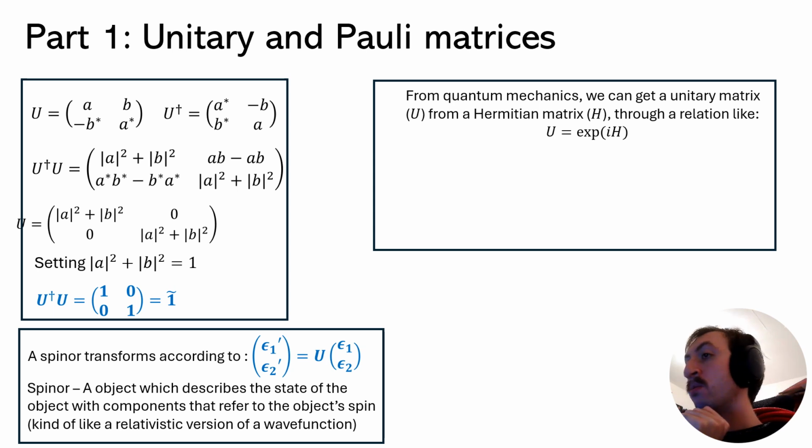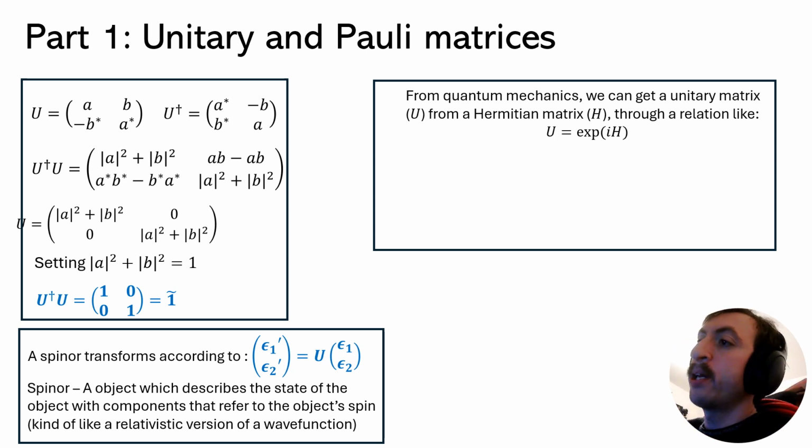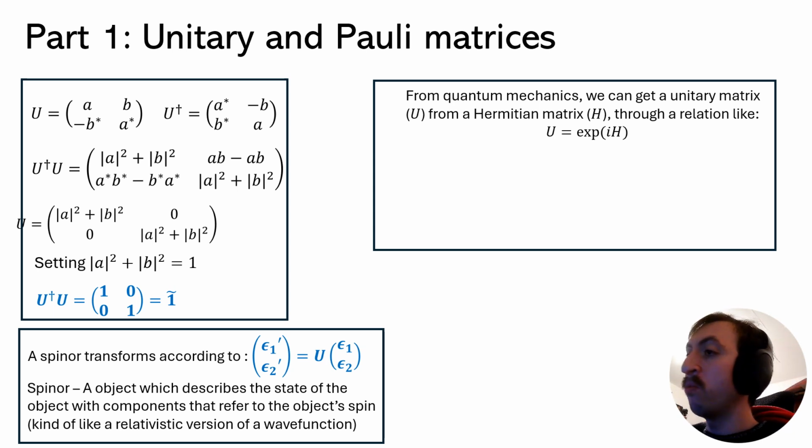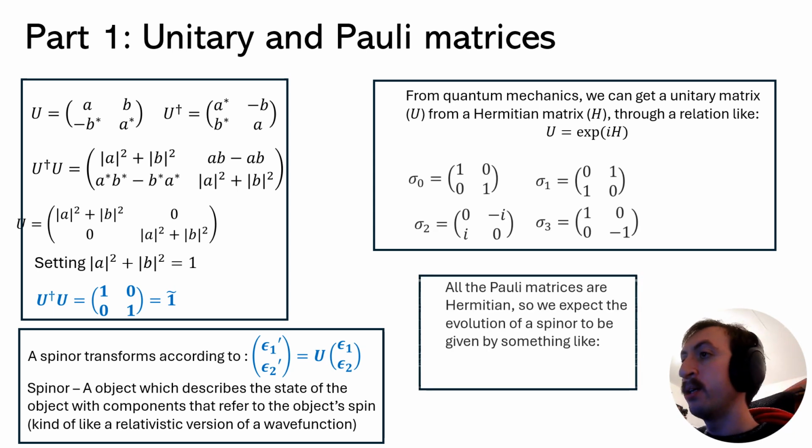And so our expression for the unitary matrix is e to the i times a Hermitian matrix. And it turns out that, providing H is a Hermitian matrix, we will always get a unitary matrix by taking e to the iH.